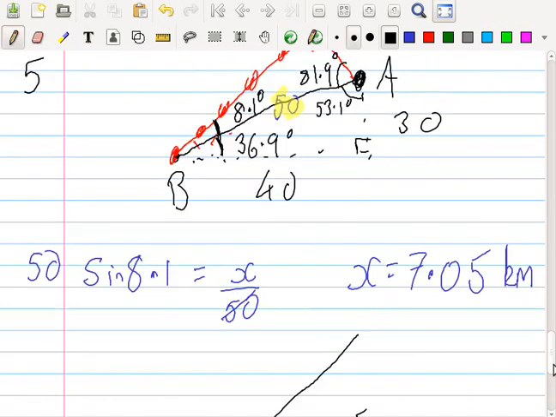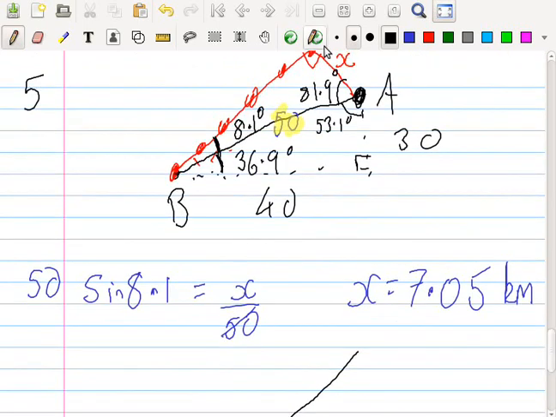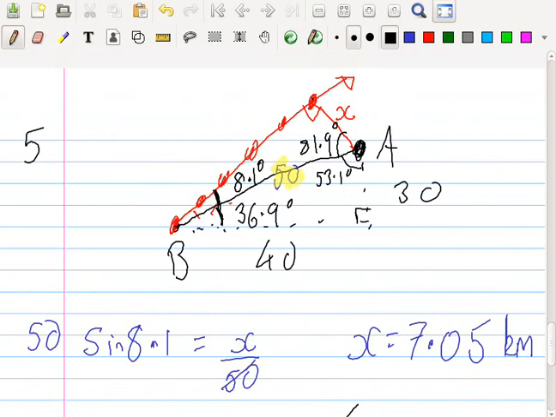Oh, sorry. They don't want this distance. What distance do they want? Alright, so again, just use Pythagoras to give me this side here. I'll call it L. So using Pythagoras, you have these two sides here. What's L? Get calculating.